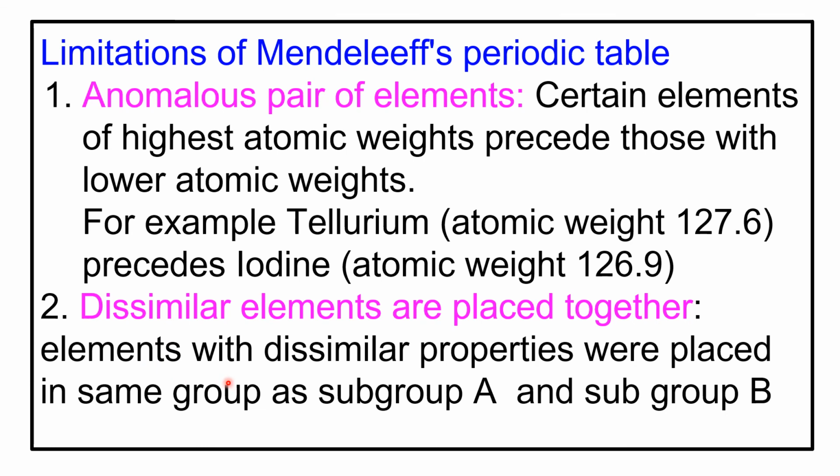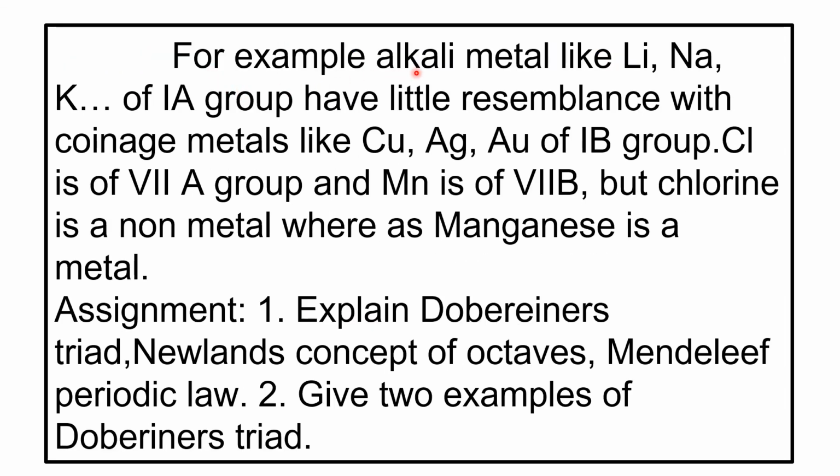So here elements with dissimilar properties were placed in the same group as subgroup A and subgroup B. He felt that the elements in group A and B have similar properties, but it was observed with a few elements that elements in subgroup A do not have the same properties as the elements of subgroup B. For example, alkali metals like lithium, sodium, potassium of group 1A have little resemblance with coinage metals like copper, silver and gold of group 1B.